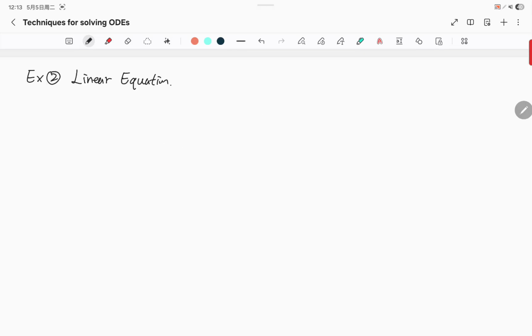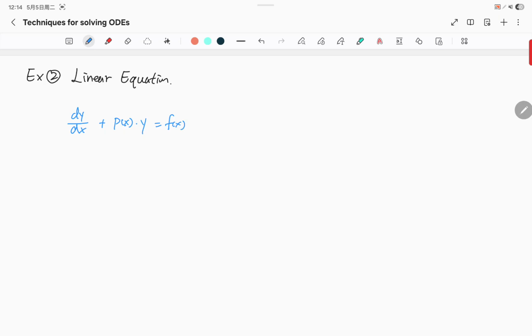Our second method is called the linear equation. To use this technique, we have to make sure that the equation is already in the form dy over dx, or y prime, plus a function that we're going to call p of x times y is equal to f of x.